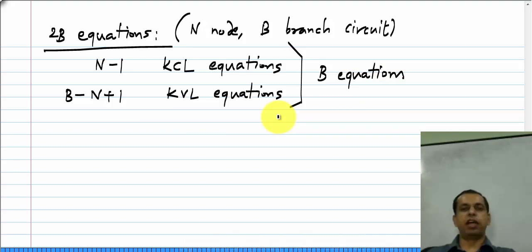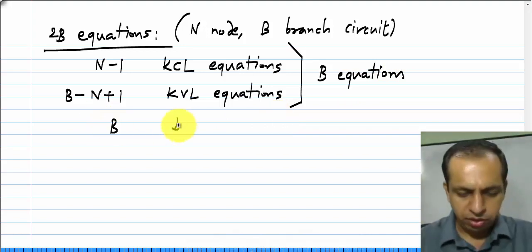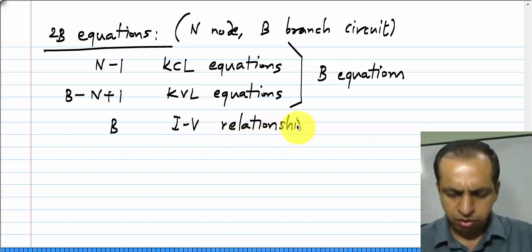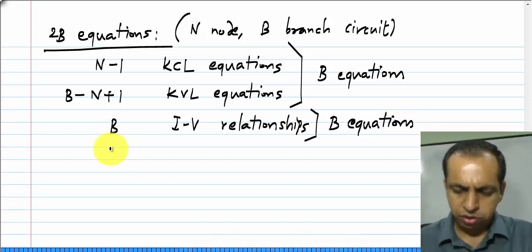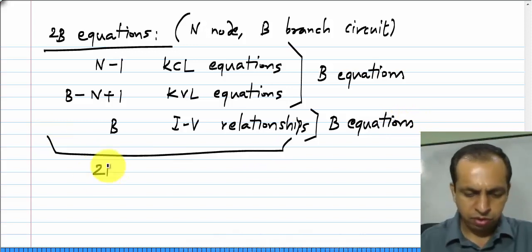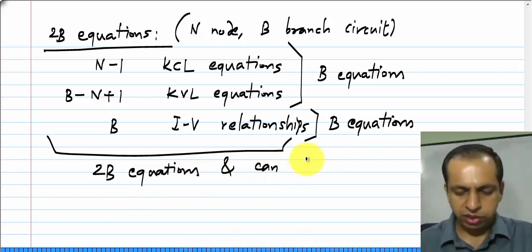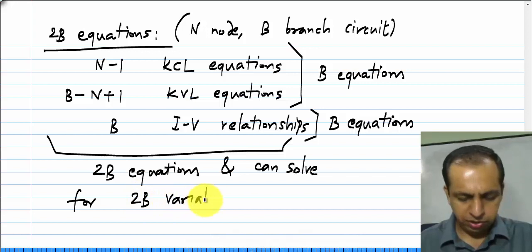So, each branch will have its current voltage relationship. So, we have B IV relationships which give you B more equations. So, together we have 2B equations, and by solving these we can solve for 2B variables.